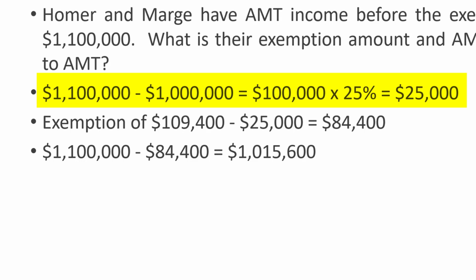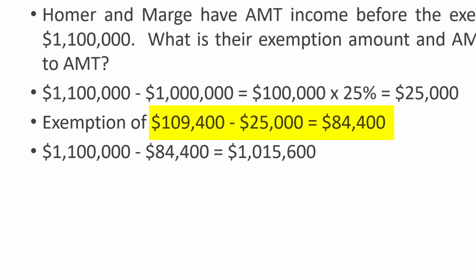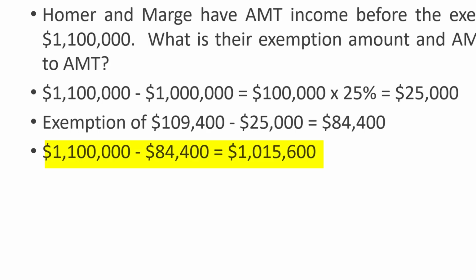So we multiply the $100,000 by 25%, we get $25,000. We phase out the exemption amount of $109,400 by the $25,000. The exemption amount is $84,400. As a result, the amount of income that would be subject to AMT would be the $1.1 million of AMTI before the exemption, minus the phased out exemption amount of $84,400, which leaves $1,015,600.